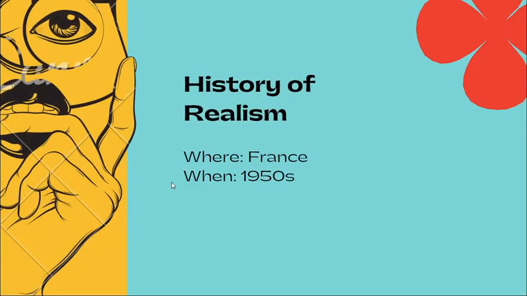Okay, the history of realism. Realism, sometimes referred to as naturalism, appeared in France during the 1850s after the 1848 revolution. Following this revolution, the right to work had been firmly established in France.